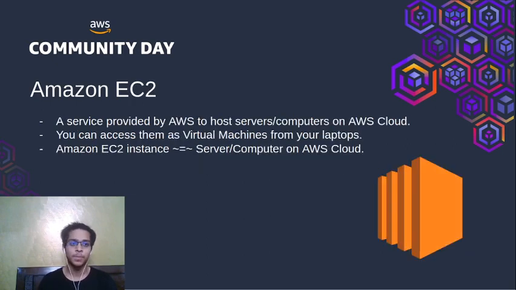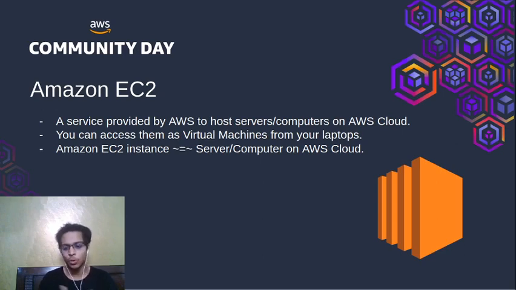That's it. Moving on, EC2, probably the most fundamental thing which we are going to deal with on AWS. It's a service provided by AWS to host servers and computers on the AWS cloud. When you are hosting, let's say, a website, that website must be running on some server on AWS, right? That server is going to be an Amazon EC2 instance.